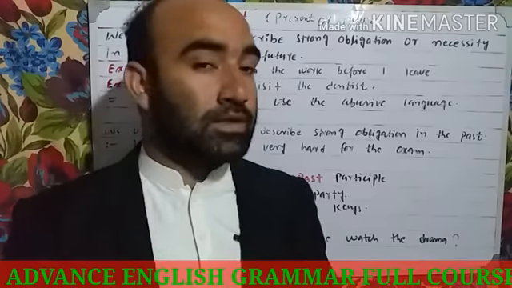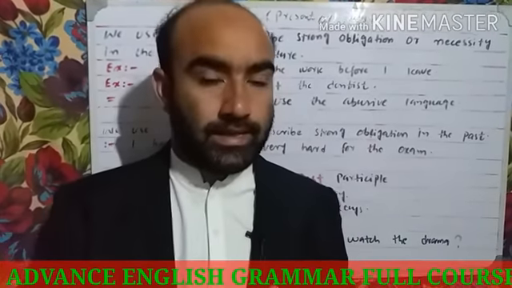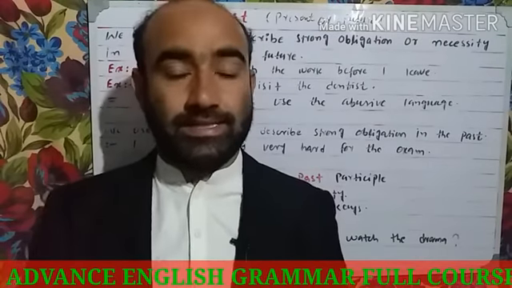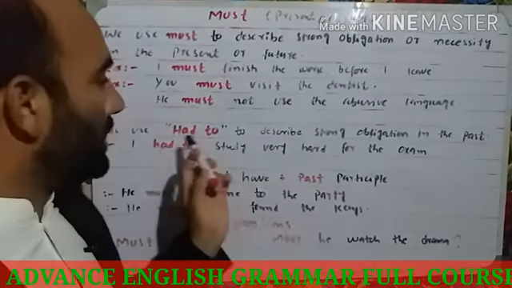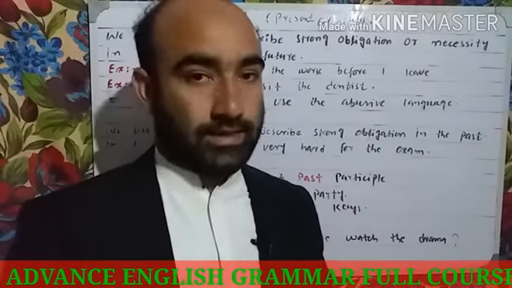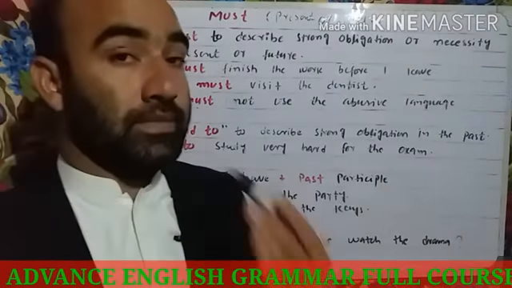So when we are talking about past obligation or necessity, we use had to. We use had to describe strong obligation in the past. For the past obligation, we use had to, not must.